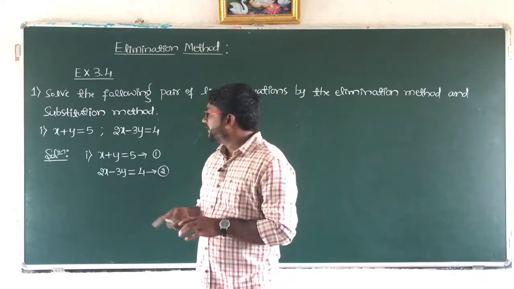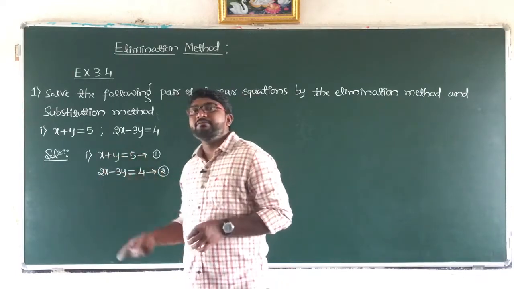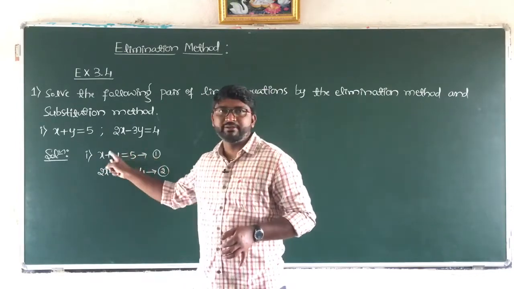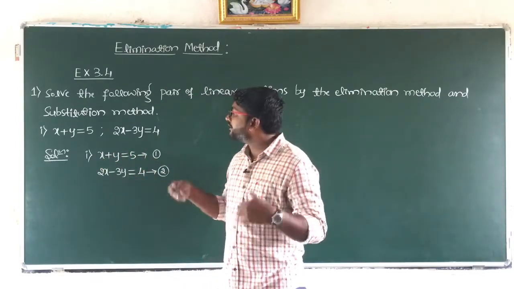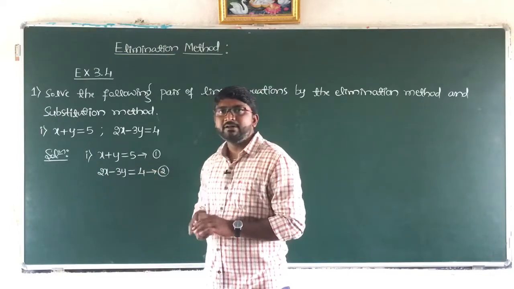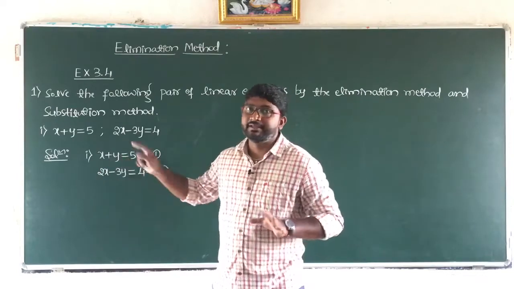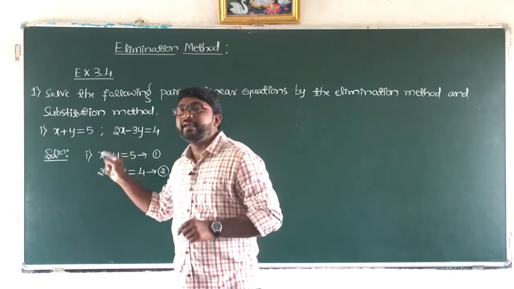Now in order to make x equal, we have to multiply equation 1 by 2, so that it becomes 2x. Or in order to make y equal, we have to multiply equation 1 by minus 3. Here I will be making x equal.